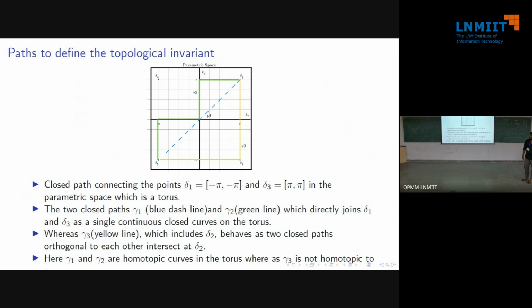The yellow path is nothing but, in the torus, 2 perpendicular circles which are stuck at a point. So if I want to deform this into a single path, I need to cut and rejoin this yellow path. But the blue and green ones we can continuously deform without any cutting or pasting.